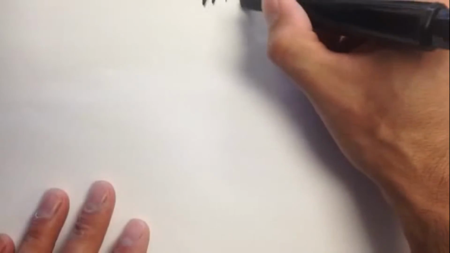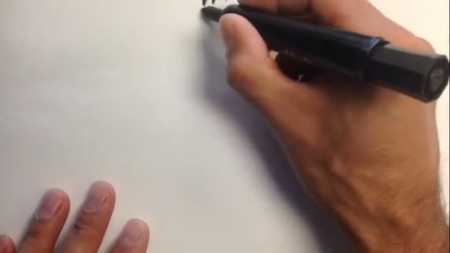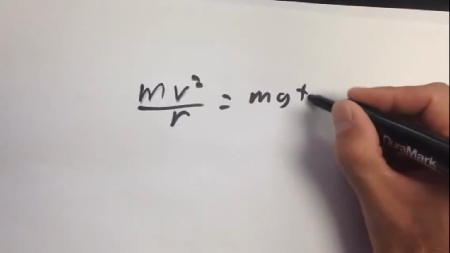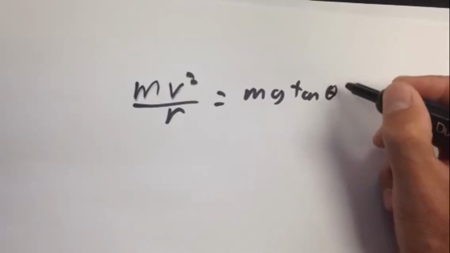So that means that m times v squared over r is equal to mg tan theta.